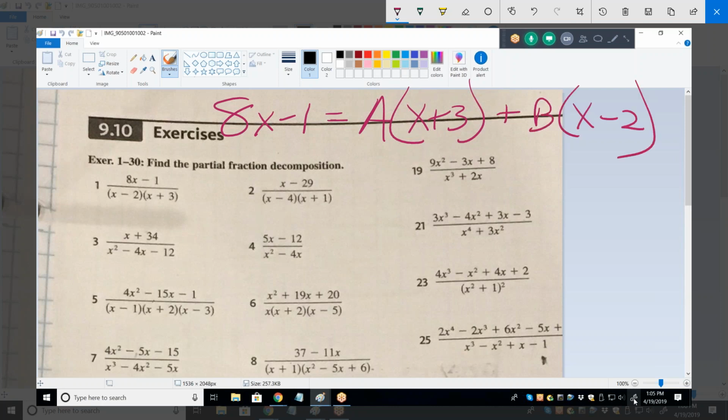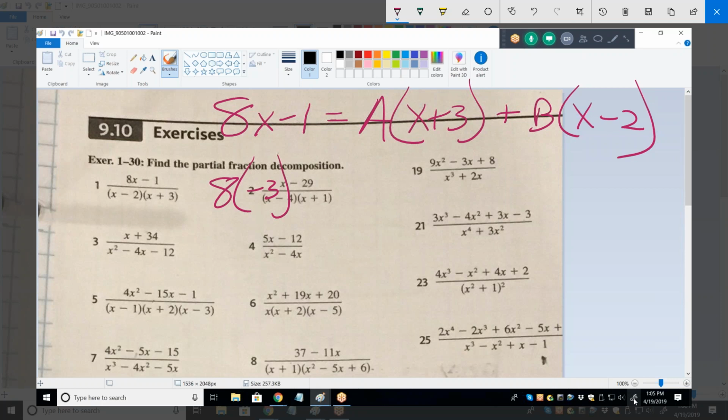Is that what we had? Yes, sir. Now, the trick in solving this is to choose values of x that make A or B zero. In other words, if I choose x equal minus 3, what's the next line of that equation?